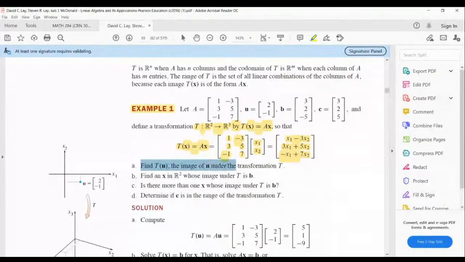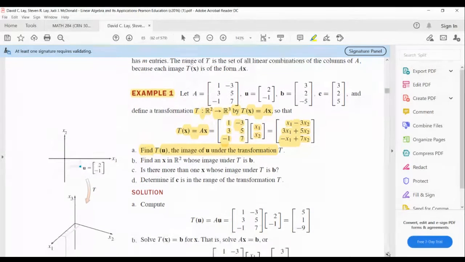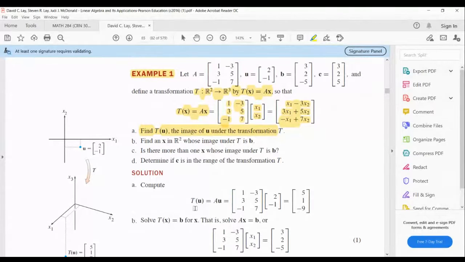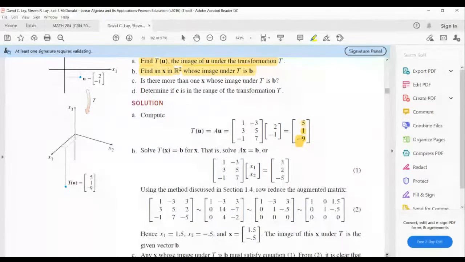In part A, they want you to find the image of u under the transformation. That's easy: the image of u would be the vector 5, 1, negative 9. For part B, find a vector x whose image under the transformation is b. The b vector is 3, 2, negative 5. So you're looking for a vector x, x1, x2, such that A times x equals b.